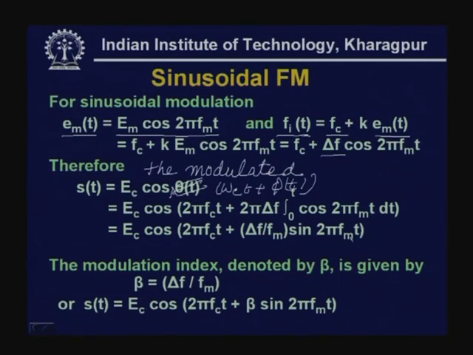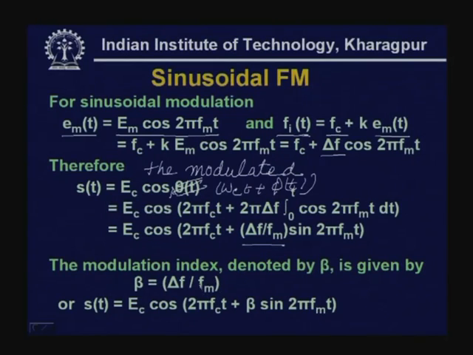So here we see that the amplitude does not change, but the frequency is changing, and the change in frequency is represented by the modulation index beta, given by beta equals delta f by f_m.